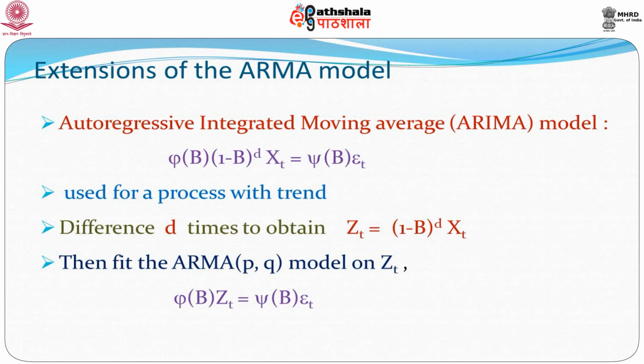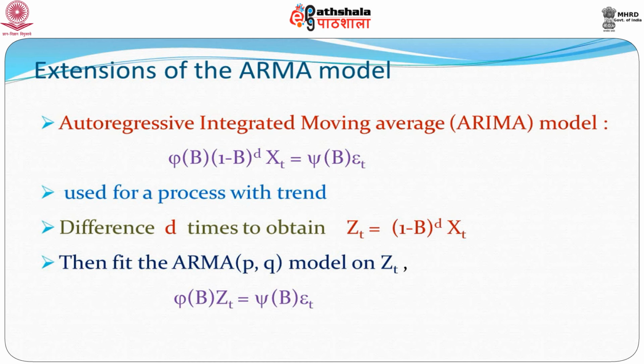And if you put these two together, if you substitute z t by 1 minus B to the power of d into x t, you get back to the single ARIMA model, the autoregressive integrated moving average model. Now, what is important is that ARMA models should be fitted to a stationary process.